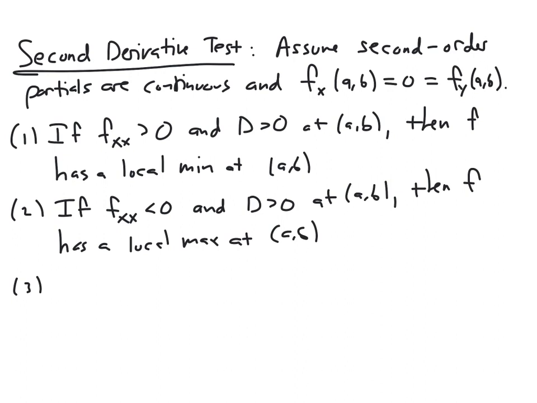The third possibility, if D is negative, if the discriminant D is negative at AB, then f is going to have a saddle point at AB.